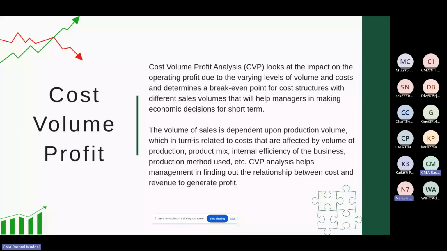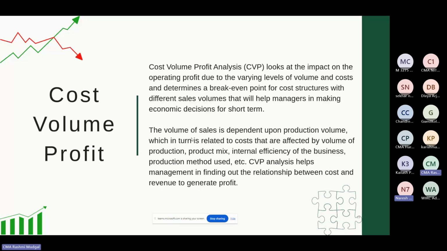This is the basic concept of cost volume profit. The volume of sale is dependent upon the production volume. What is my capacity? What is my bottleneck? What do I need to reach, what sales, what demand is there? I need to see this, which in turn relates to the costs that are affected by the volume of production, product mix, internal efficiency of the business, and production method used.